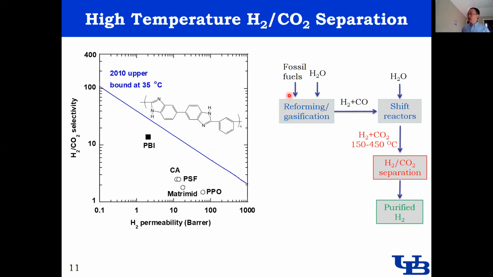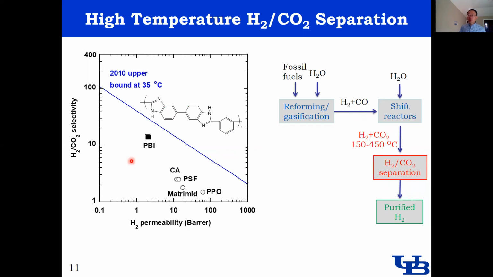So we take methane reforming or coal gasification, we could generate this hydrogen over CO2 mixture at high temperature. And if we have membranes that could operate at high temperature, anywhere between 150 to 300 degrees C, we could significantly improve efficiency of hydrogen purification and CO2 capture for utilization or sequestration.